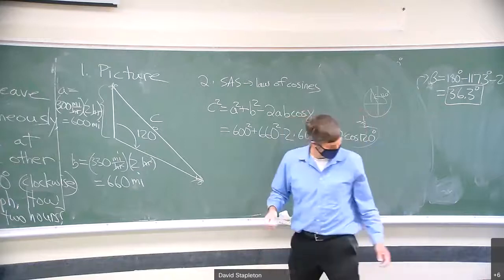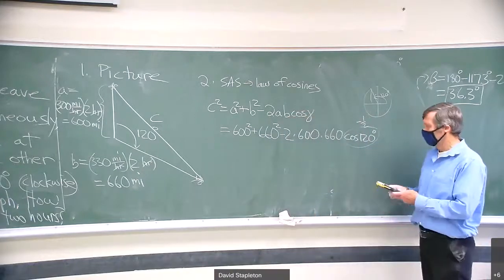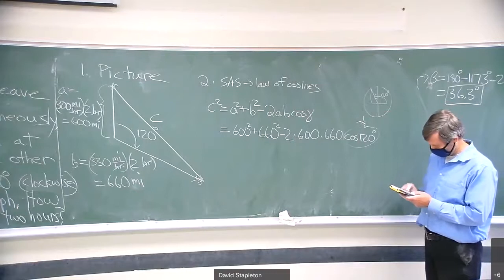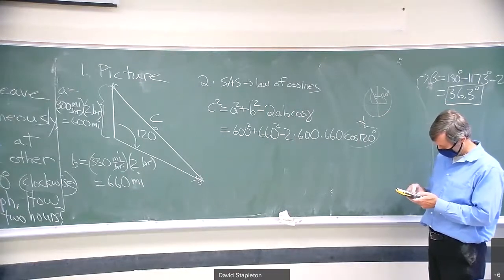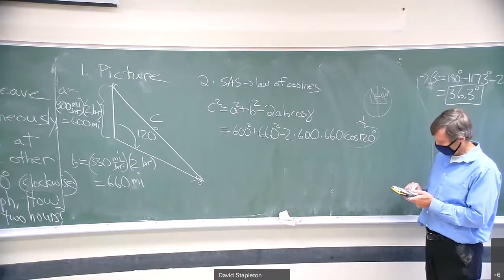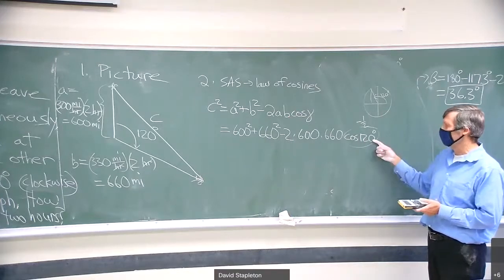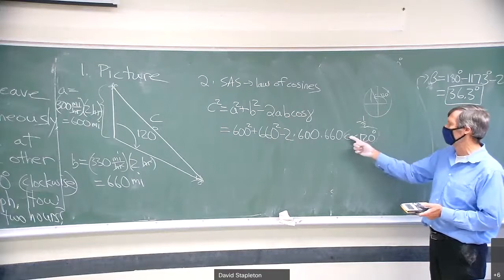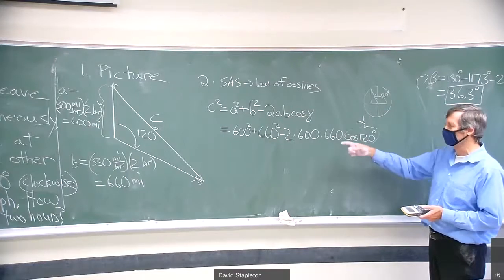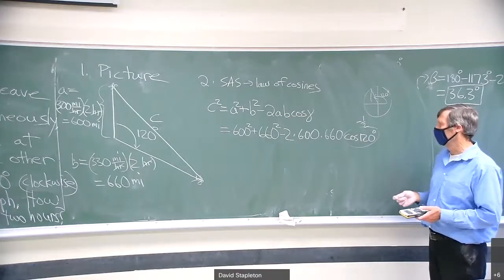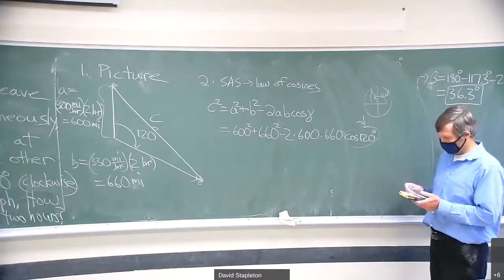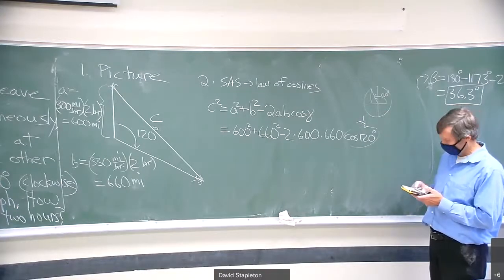So let's just run this on the calculator: 600 squared plus 660 squared. If you needed an exact answer, that would be different. This would give you an exact answer with lots of decimal places, but we're going to round anyway, is what I'm saying.